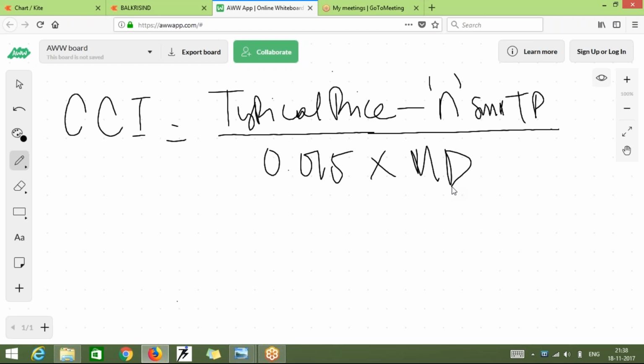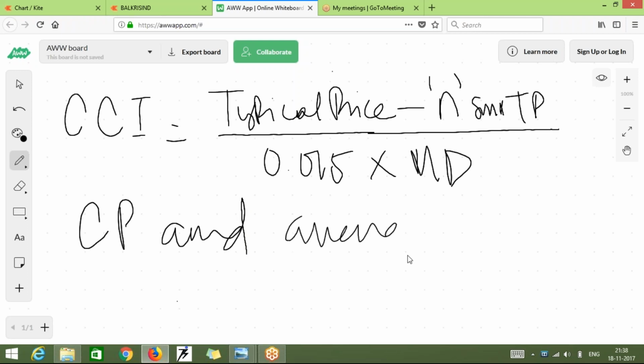So what CCI does is it compares the company's current share price to an average price over a period of time.